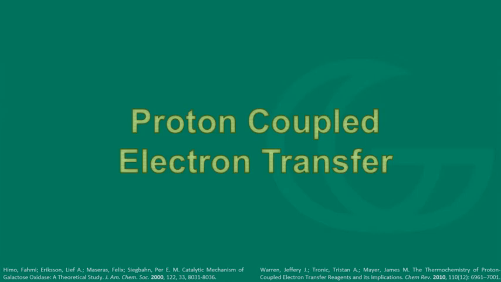As just mentioned, GO is useful in the redox conversion of primary alcohols to aldehydes. This is done in what is known as the proton-coupled electron transfer mechanism. This consists of 3 concerted steps and 1 regenerative step.